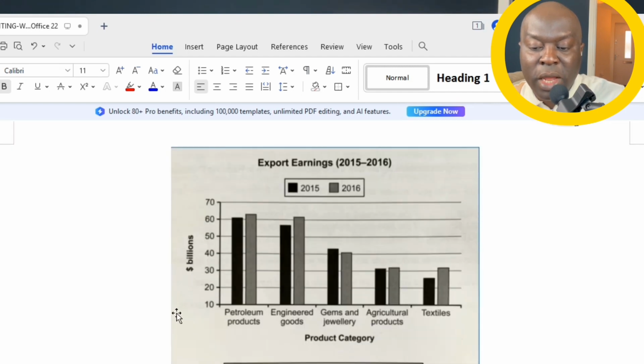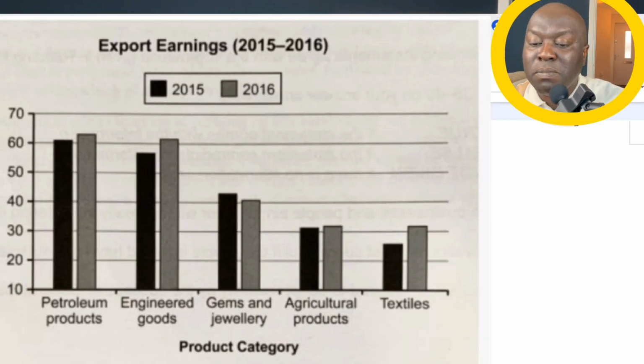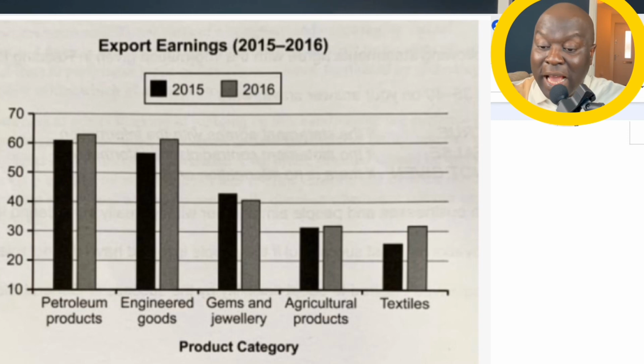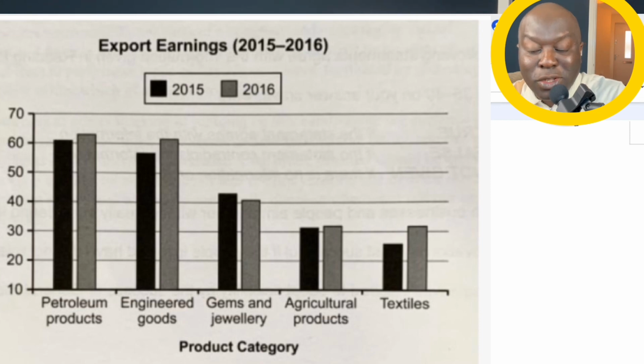Look at it now. These petroleum products and engineered goods, their own bar is at the top. It means that the billions that came to that country, we had quite a lot of money coming in, inflows coming into this country.